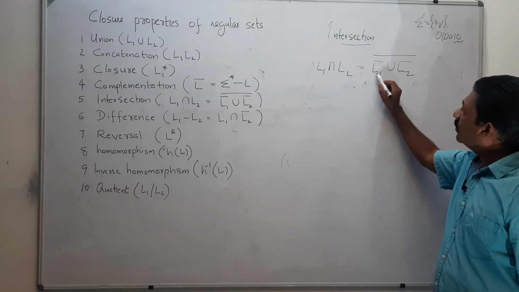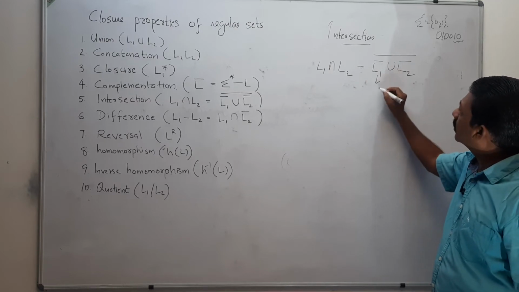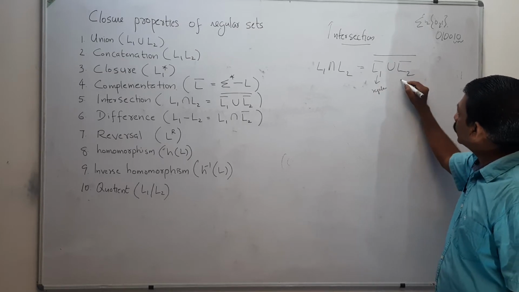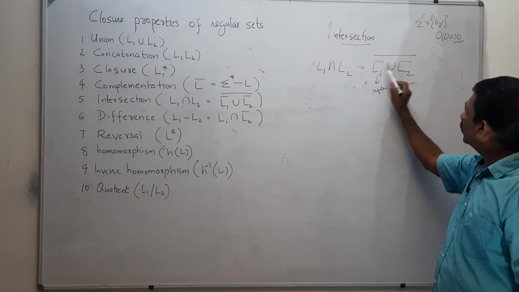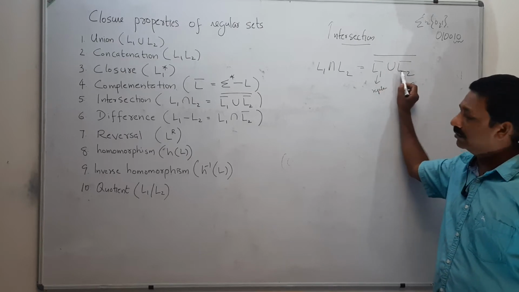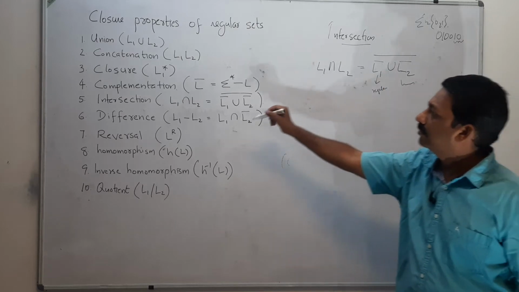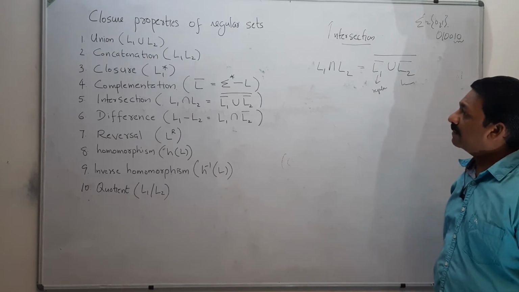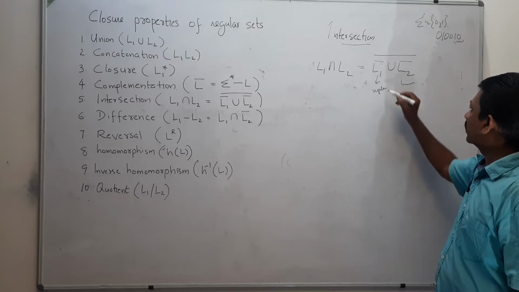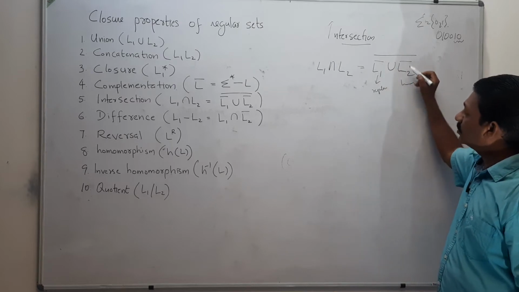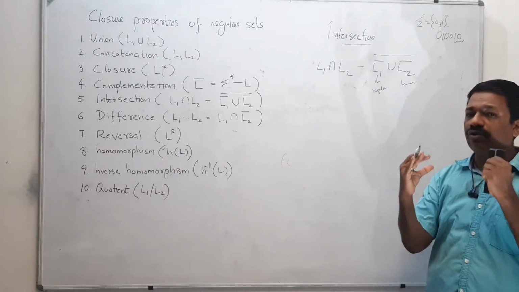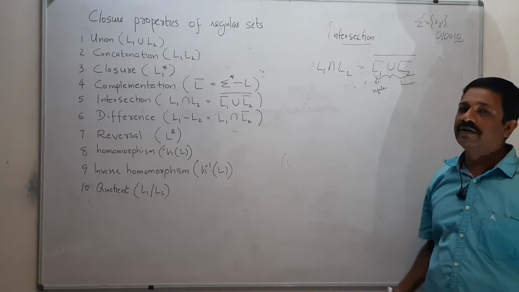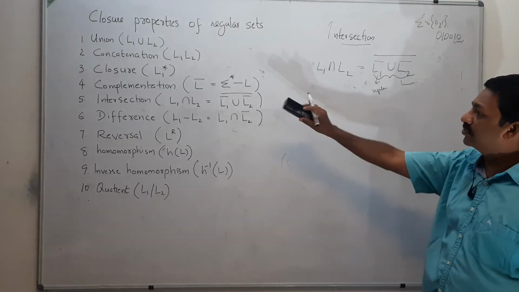If L1 is regular, L1 bar is regular, and L2 is regular, so L2 bar is also regular, because regular languages are closed under complementation. Regular union regular is regular, since union is also closed, and if you take the complement, that also will be regular. So the intersection operation is also regular.